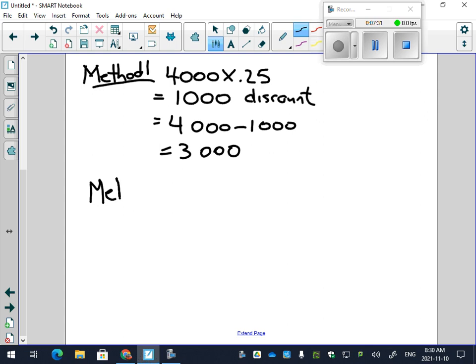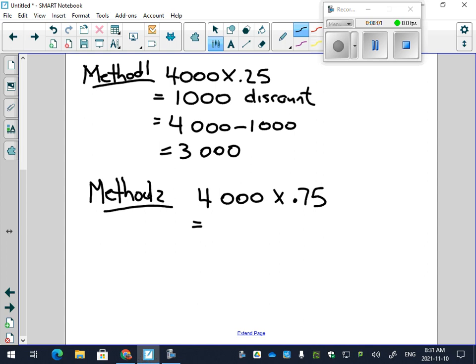But some of you will be ready to do it in one step. So you know that the item was $4,000, and you are only paying for 75% of the item. 25% has been taken off, and 100% minus 25% is 75%. And if you can do that math in your head or rationalize it and use a calculator if you need to, what you have is $4,000 times 75%.